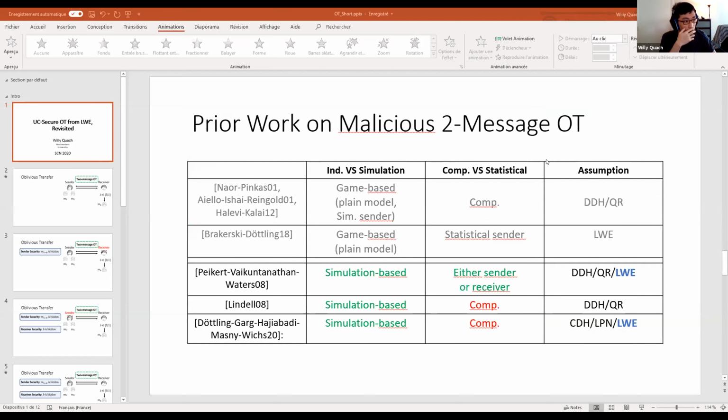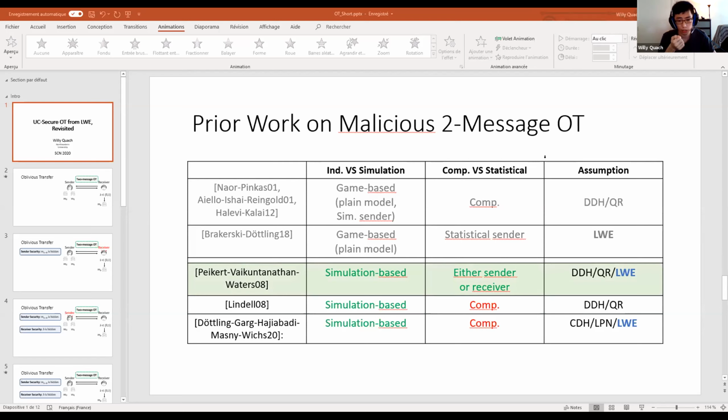Yeah, so how do previous constructions of OT work? What do they achieve more precisely? It turns out that we actually don't have that many constructions of UC secure OT from standard assumptions, but there's a very nice one, in particular this one by Peikert, Vaikuntanathan, and Waters, that achieves essentially everything that we want.